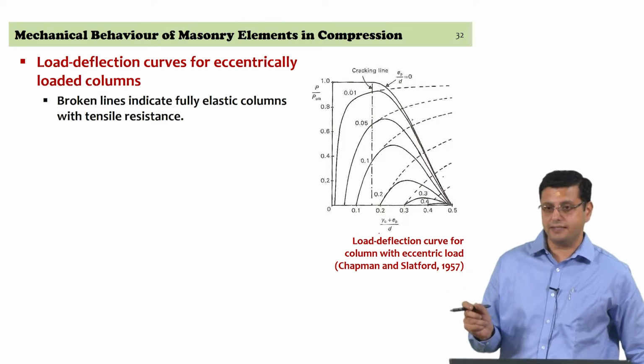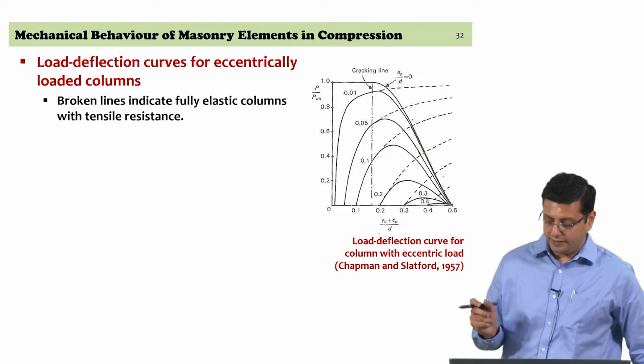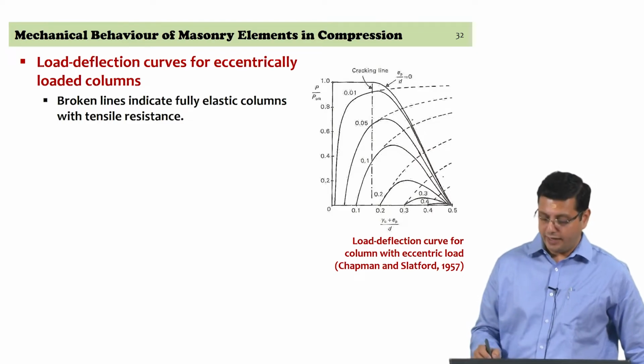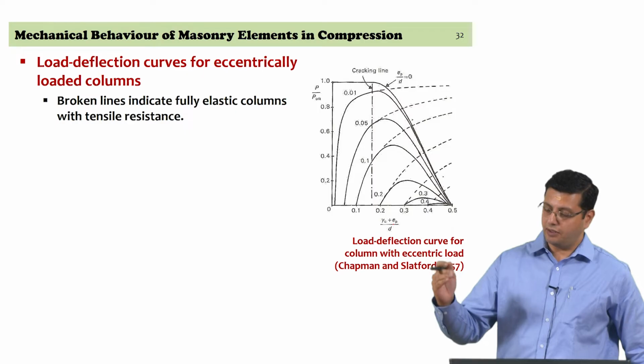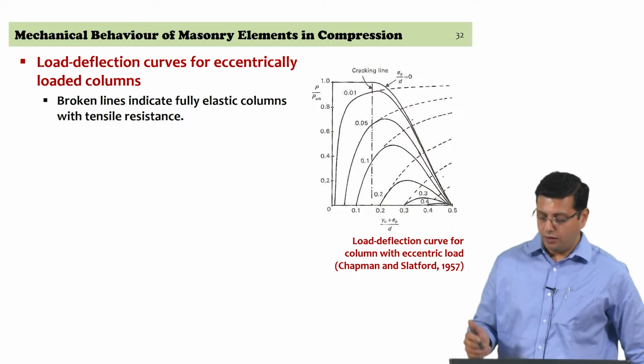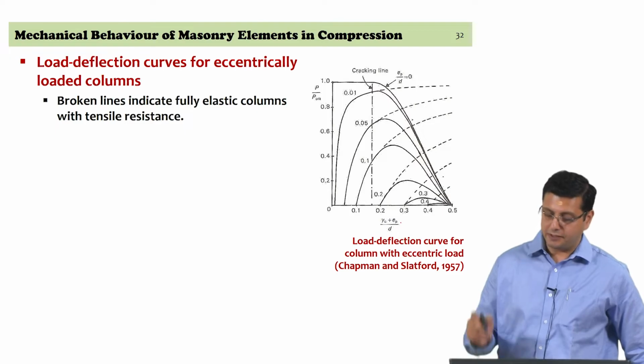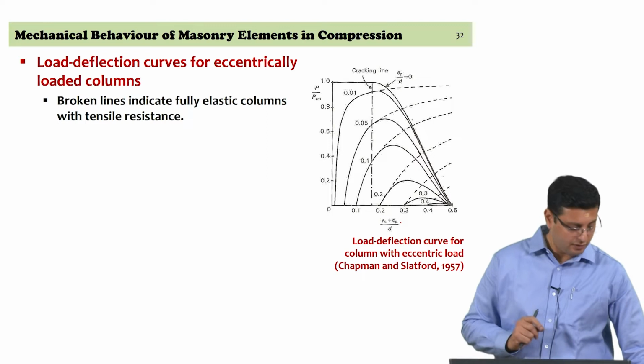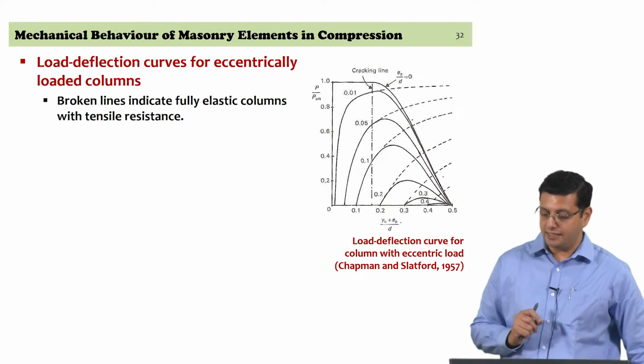It includes the eccentricity of the load itself. So, you have yc, which is the mid height displacement that you would get in a pin-pinned wall, plus the eccentricity of the load itself, normalized to the thickness of the wall given as d here.